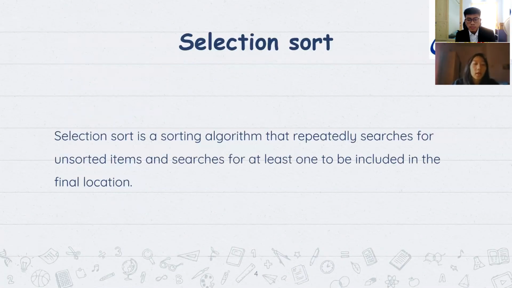Selection sort is a sorting algorithm that repeatedly searches for unsorted items and searches for at least one to be included in the final location. And then selection sort is one of the easiest sorting algorithms to learn. Compared to bubble sort, the frequency of data exchange in selection sort is less.